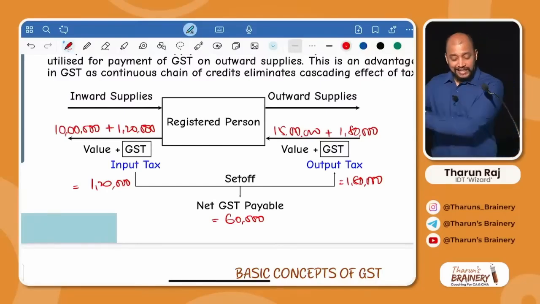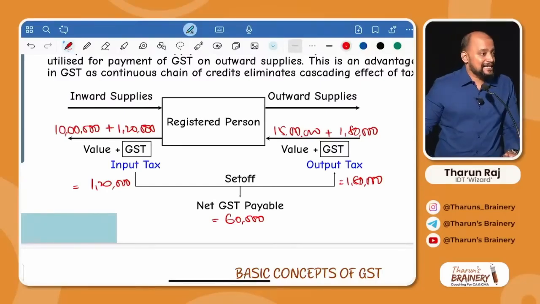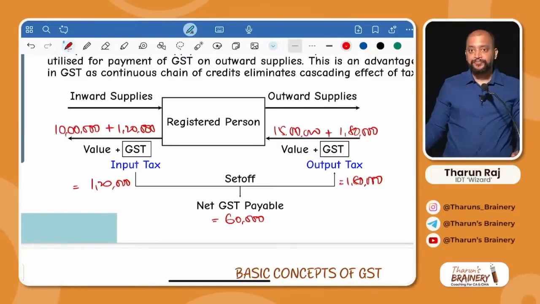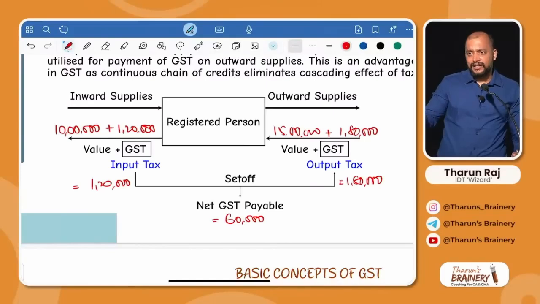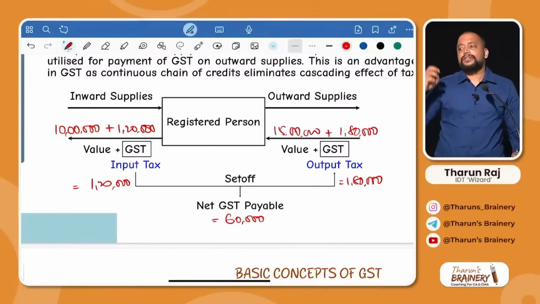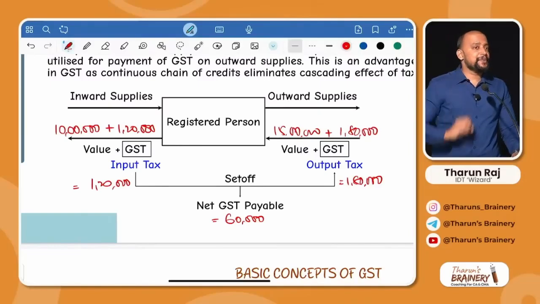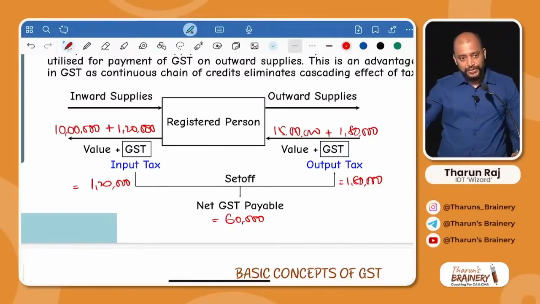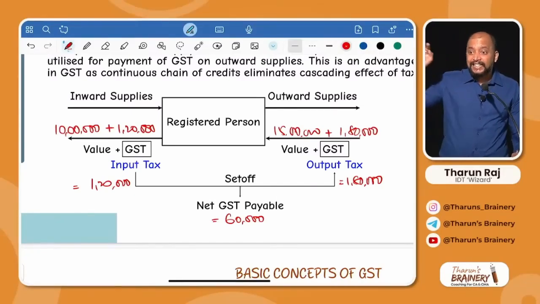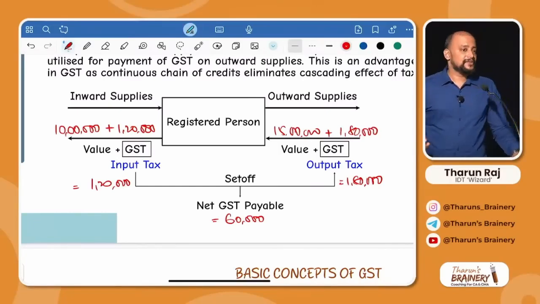Now on the other side, if you see the sales, what is the entry for the sales? Suppose if it is credit sales, debtor account debit or recipient account debit. So recipient account debit, how much? 16,80,000.